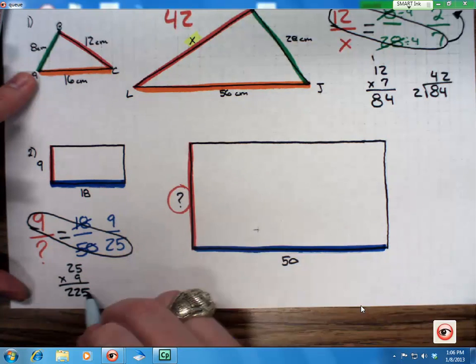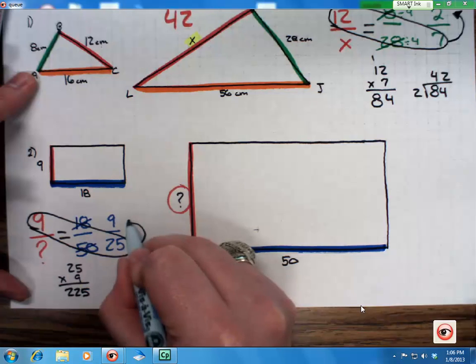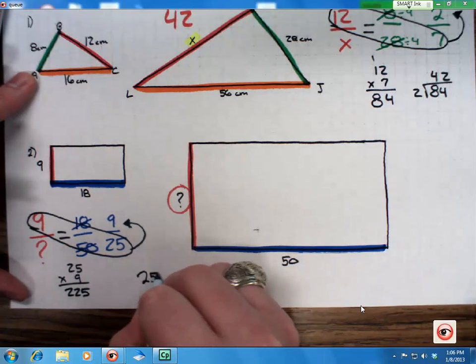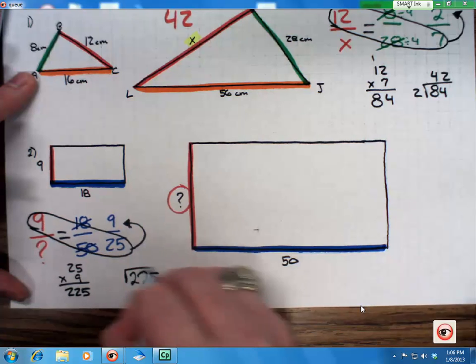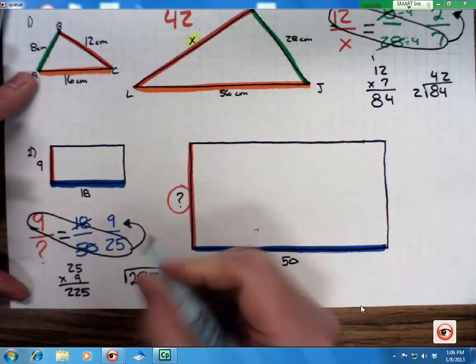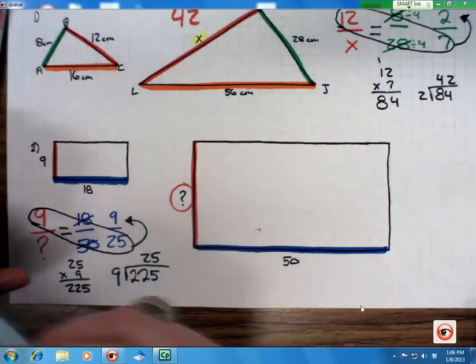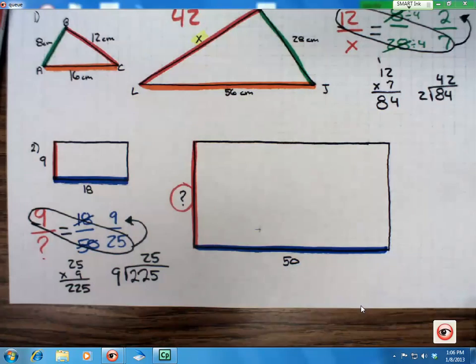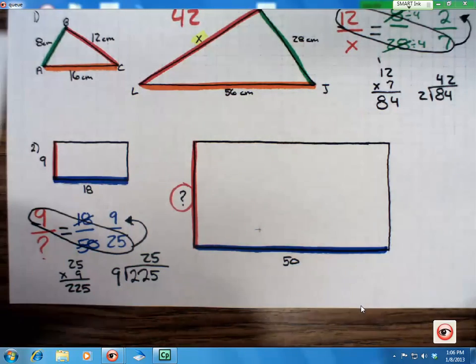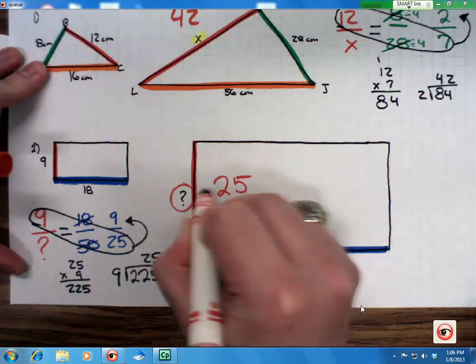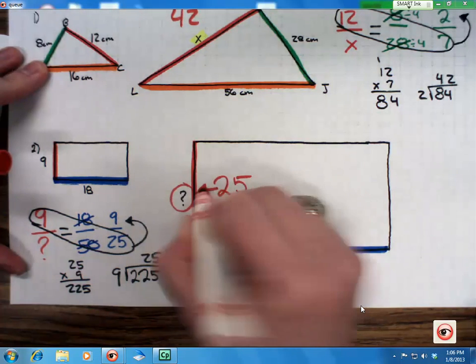Then I have to take that 225 and divide by 9, which gives me 25, because I just multiplied it times 9 and then divided it by 9, which obviously is going to give me the same answer, 25 as my missing side.